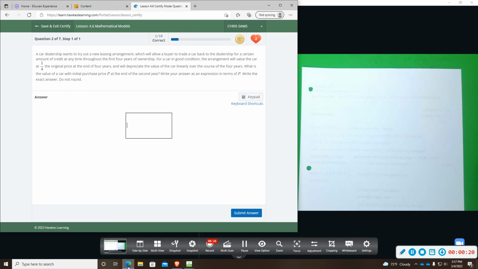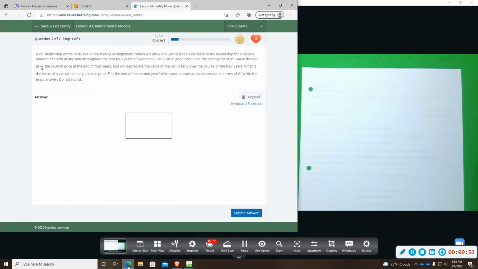For a car in good condition, the arrangement will value it at 1/4 of the original price at the end of 4 years and will depreciate the value of the car linearly over the course of 4 years. What is the value of the car with the initial price P at the end of the second year? Write your answer as an expression in terms of P. Write the exact answer, do not round.